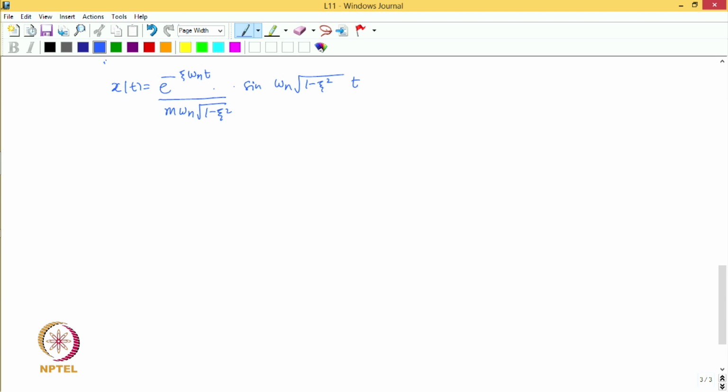So, this is the equation we are getting. And now, what is this? This is nothing but the response to a unit impulse acting on the system.